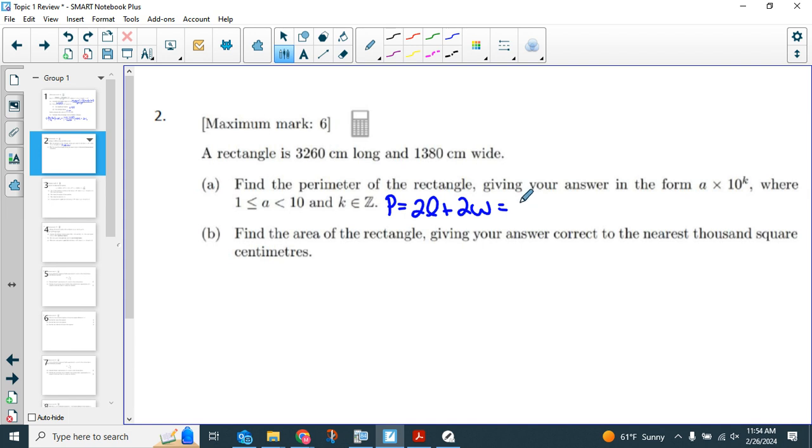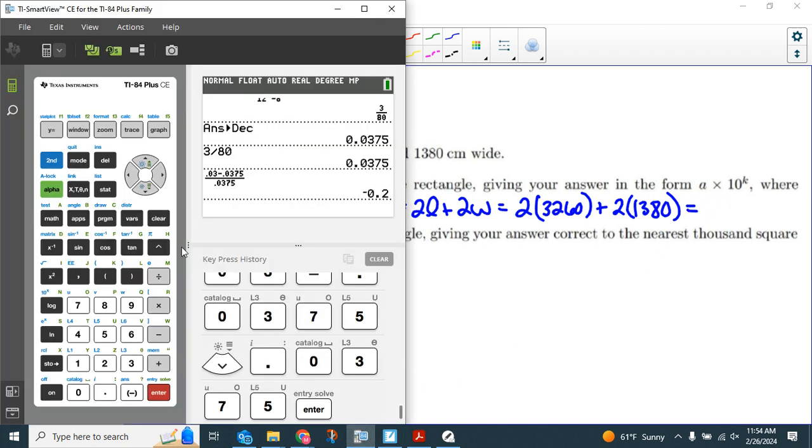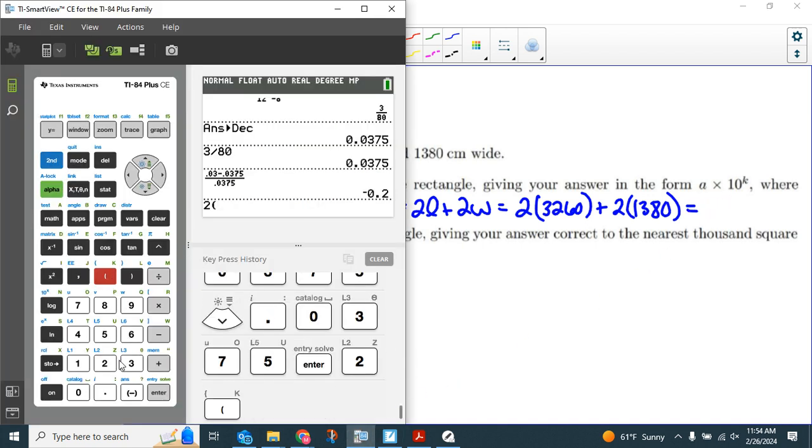So in this case, that would be 2 times 3260 plus 2 times 1380. So we plug that into our calculator.